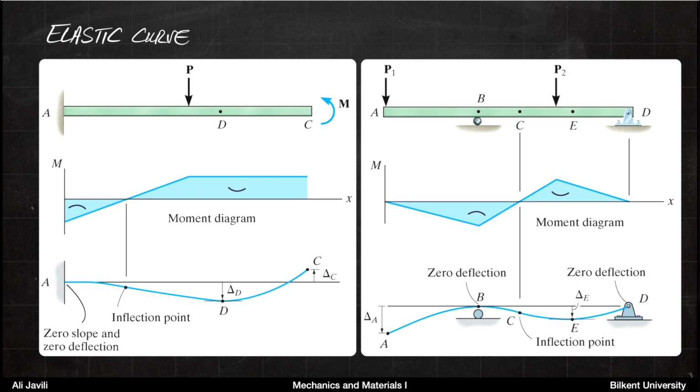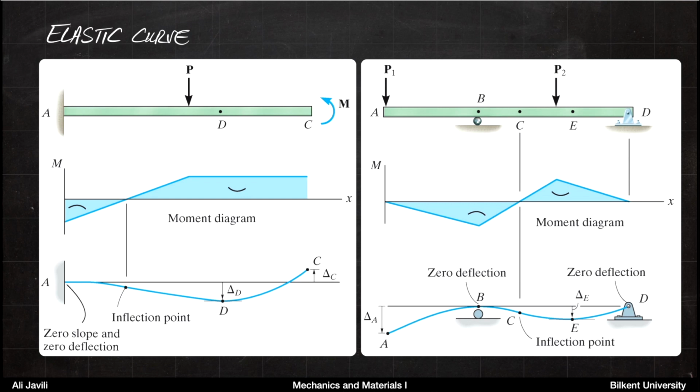So the same thing holds if you, for instance, think of a clamped beam shown in the figure. Now you have a force and you have a moment here. In this case, in the second portion of the beam on the right, the moment would be constant, so you would get a constant upward curvature. But then again, the point at which the moment is 0, you would have an inflection point.